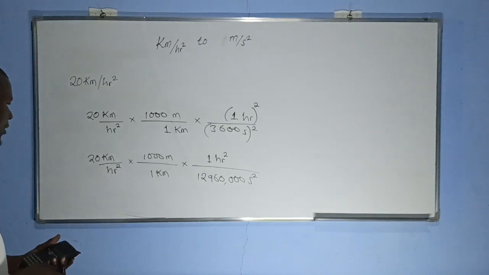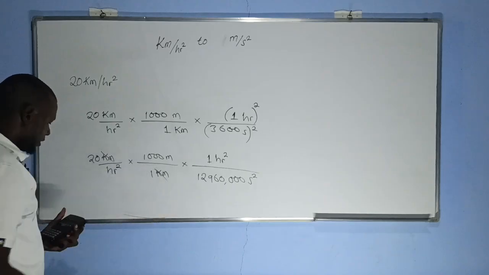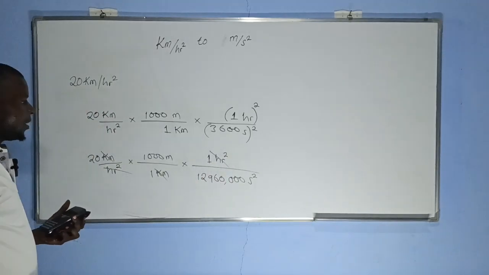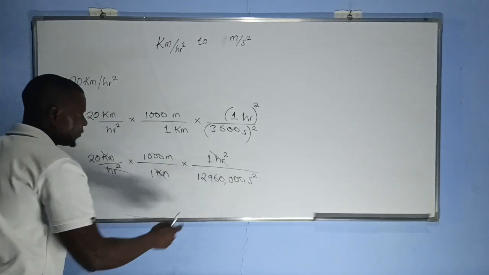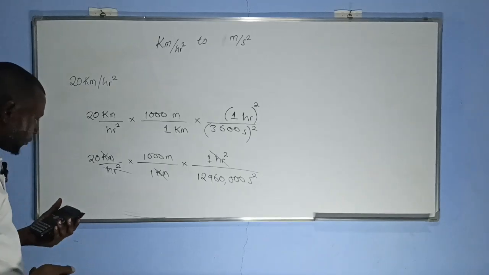All we have to do is now do the simple mathematics. Kilometer and kilometer cancels, that and that cancels. What remains now are the units of meters and the units of square seconds there. So all we have to do is mathematics.